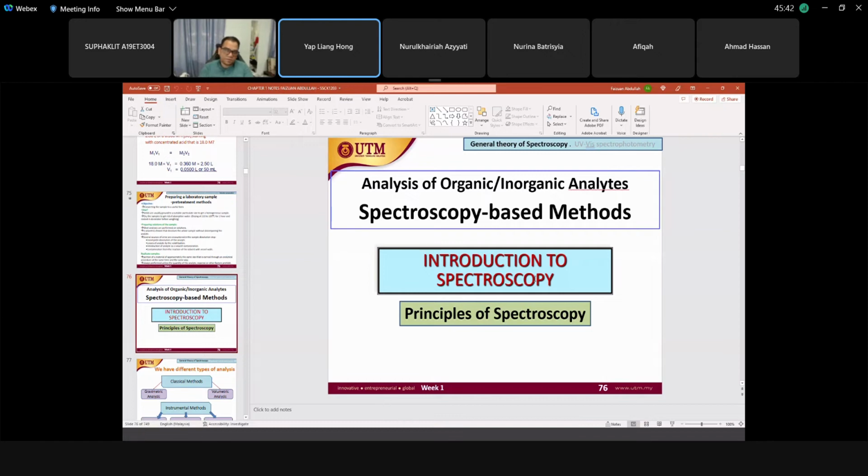Volumetric is what we call the traditional methods in analytical chemistry. The modern methods are spectroscopy, and then separation or chromatography technique, and then we have electroanalytical technique, and so on. That is the modern methods, where we are using instruments.